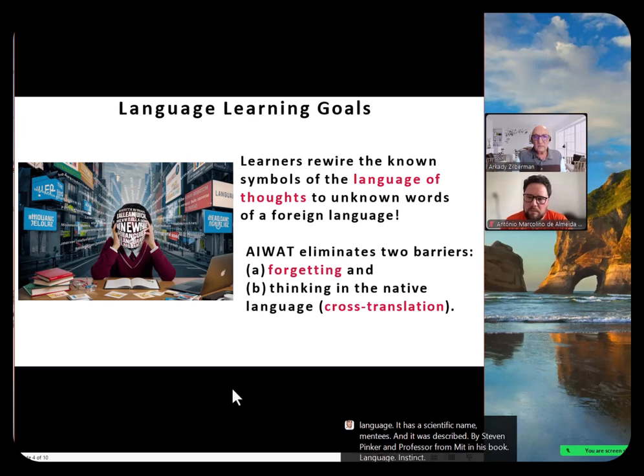It means that we all think in the same language, which consists of symbols, feelings.